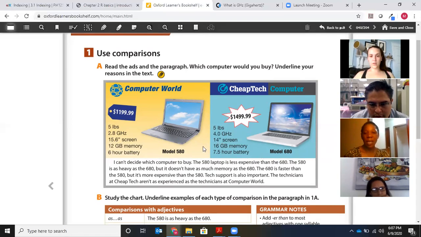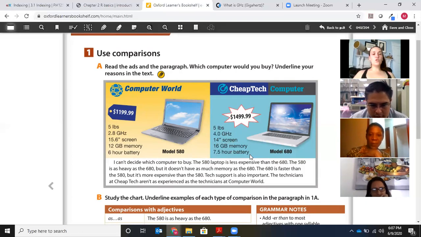Model 680. Perfect. Okay, so we got our Cheap Tech computer over here. It's $1,499.99, right? Model 680, 5 pounds, 4.0 gigahertz, 14-inch screen, 16 gigabytes of memory, and 7.5 hours battery, right? So it sounds pretty good.